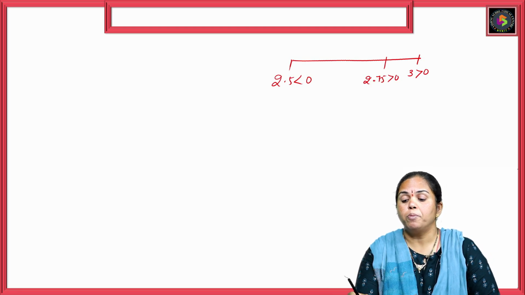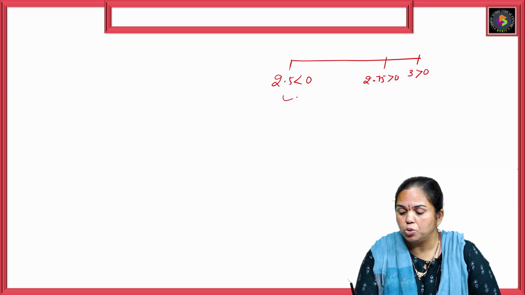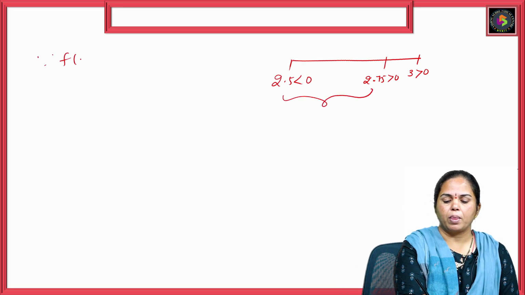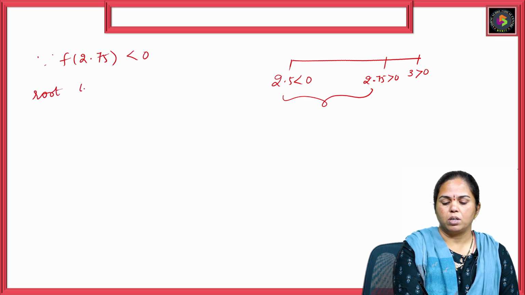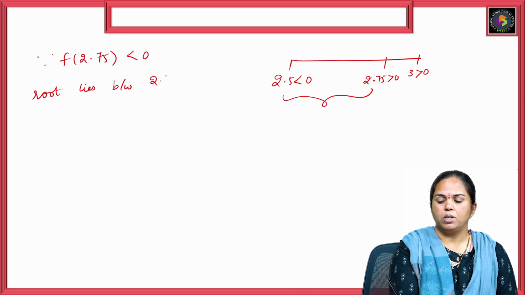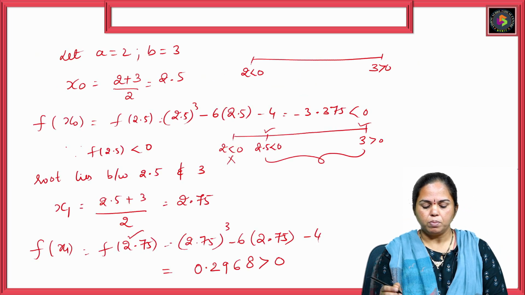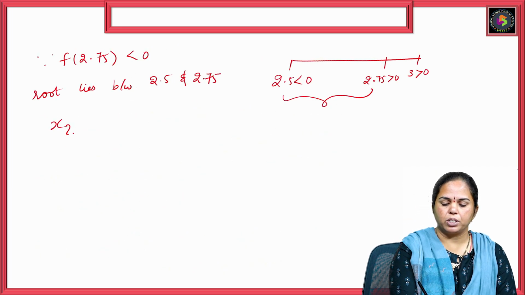Now if you observe, what are the successive terms? 2.5 and 2.75. So the root lies between 2.5 and 2.75. x1 is over. Next, x2.